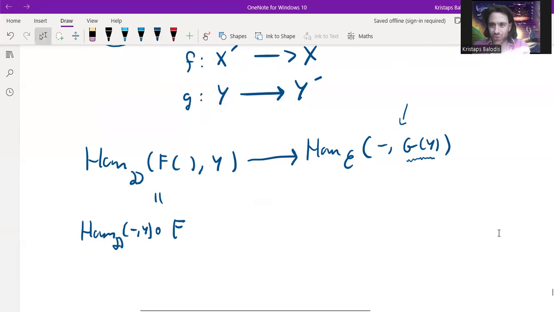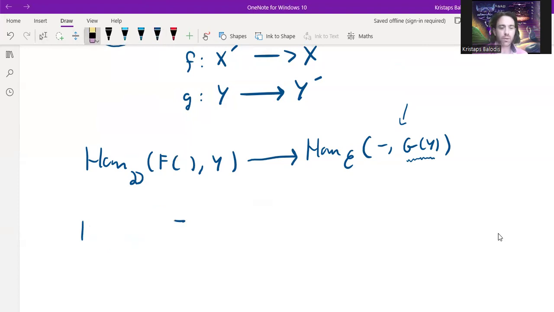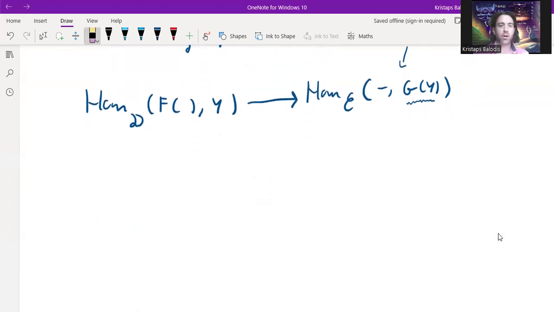But also there should be a natural transformation between the other pair of functors, right? So I also have this Hom d.